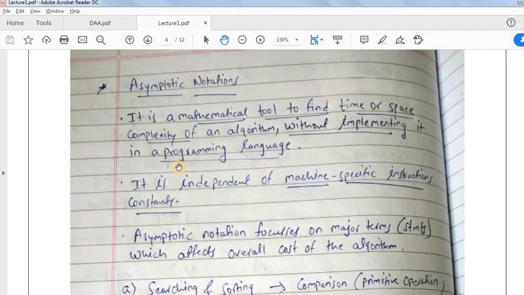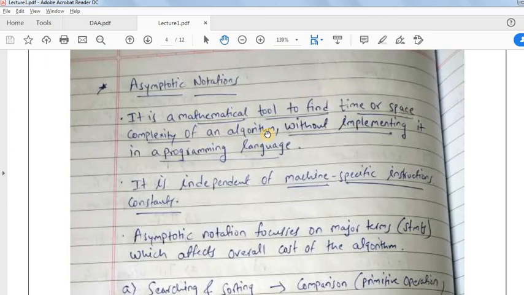Remember, we are not actually implementing a program corresponding to an algorithm. Based on known assumptions, we are finding out the limiting behavior of that program or algorithm. So without execution, we will come to know about the time complexity or space complexity of a particular algorithm.